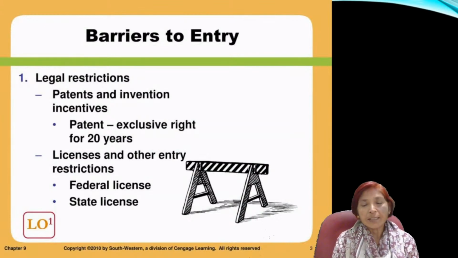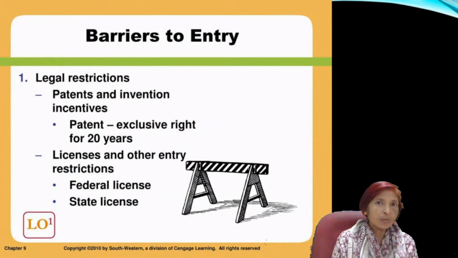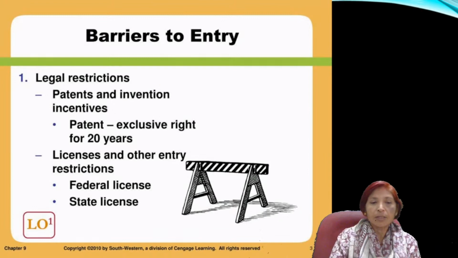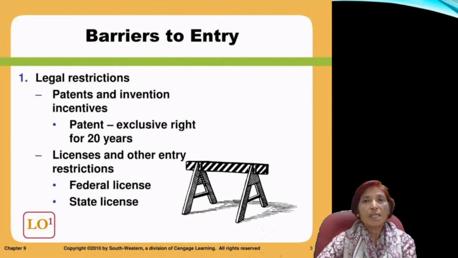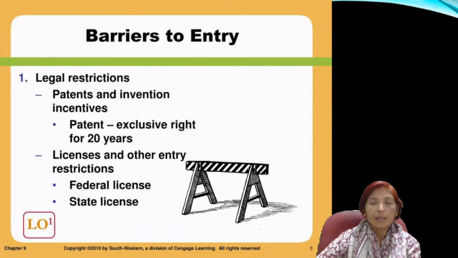So patent right is exclusive right, which time period is for 20 years, and license and other entry restrictions are also imposed by government or by law, like federal license system, state license, because in some cases, if we want to establish our industry, then we must take a license from the central government or from the state government, because without taking license, we can't enter in that type of market. So this is legal restrictions which is imposed legally or by law.